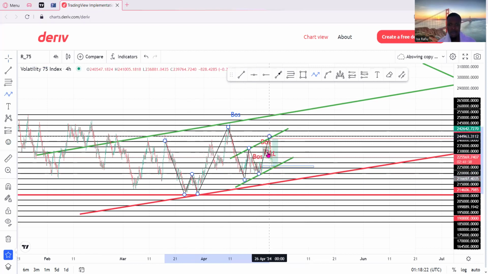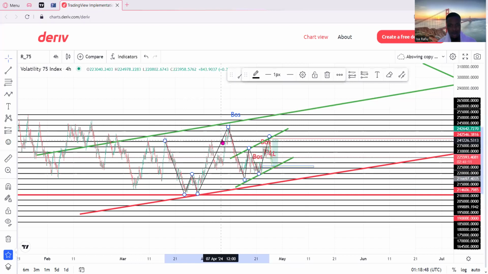When you see something like this, you should understand that we are back to uptrend, because this was the previous low, then a new low was created and a change of character happened here. A push up, a push back, a push up, we show uptrend.